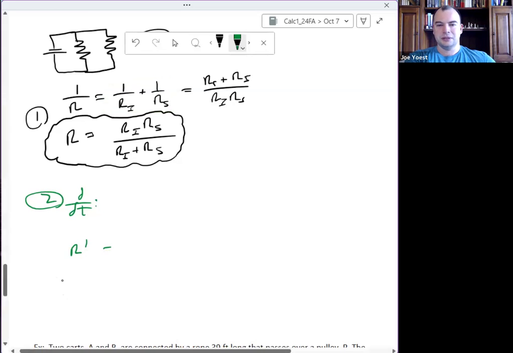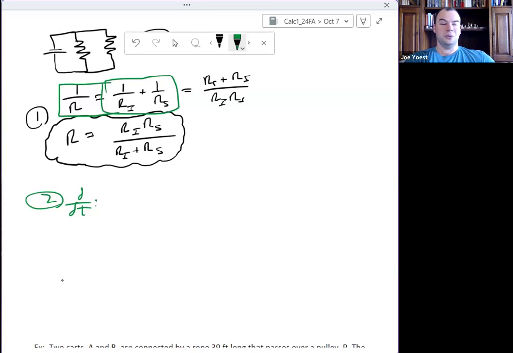So I actually jumped ahead a bit there. I'm going to use this formulation, which is attached to 1 over R. So I have R to the minus 1 equals Ri to the minus 1 plus Rs to the minus 1. To differentiate, I'll use this. To solve anything I need to solve with R and so on, I'll use the simpler formulation. But differentiating this would be a mess.